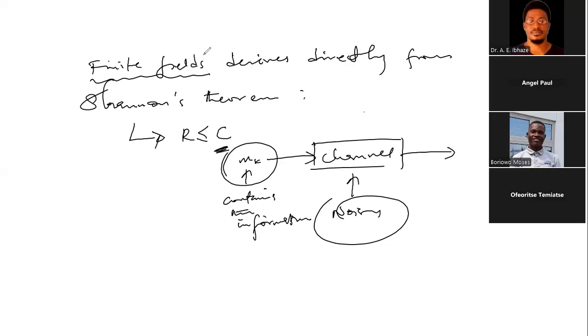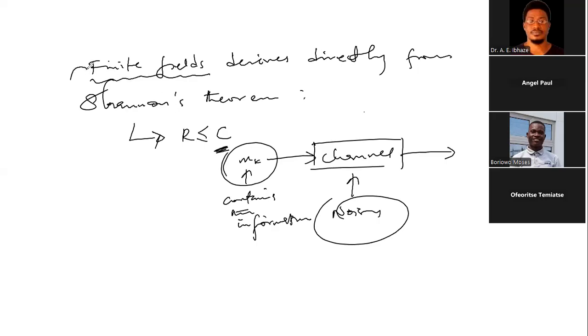Okay. So now I would love to mention that one of the fundamental goals of finite fields, or better still, the algebraic coding theory, is to devise the methods for the construction of error detection and correction codes. Okay?